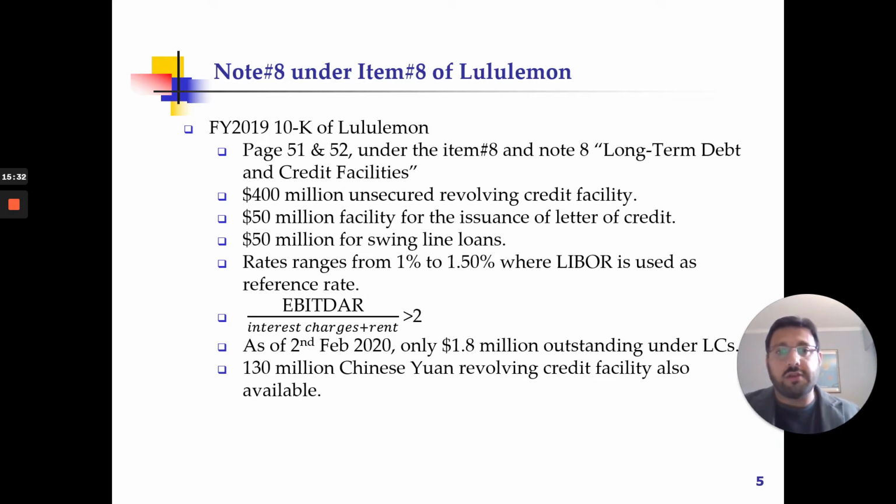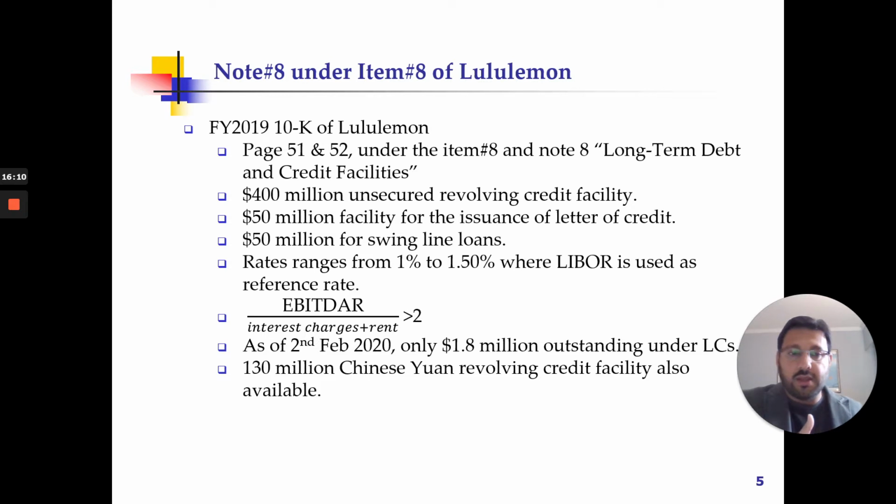Within that 400 million, 50 million is available for the issuance of letters of credit. So the importer issues the letter of credit against which the exporter ships the goods. Over here as well, they actually act as an importer, because most of their products are manufactured in Vietnam and other Southeast Asian markets, and the manufacturers of their clothes are sitting over there.